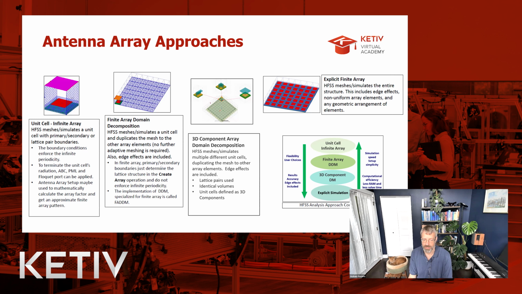In this case, we can now account for the edge effects, but instead of modeling each individual patch explicitly and having additional mesh and additional computational time needed, we're only meshing and doing computations on one unit cell.